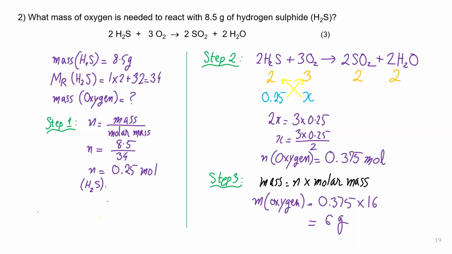For any gas like chlorine, like bromine, they all exist in twos. When he says oxygen gas, chlorine gas, then you should think about multiplying it by 2. Then O2 will be 32. Okay, I'm done. 6 grams.